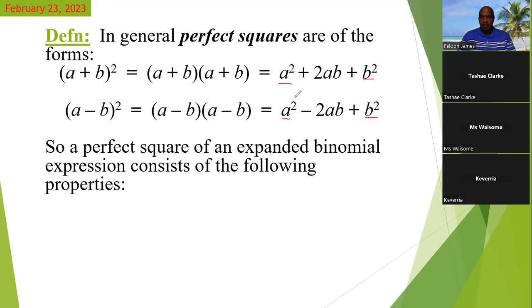A, sir. Okay. And when we say base of the first term, what we really mean is that which we raise to the power 2. So what we raise to the power 2 here would be the A. So if we're referring to the base, we are just talking about the term without the power.